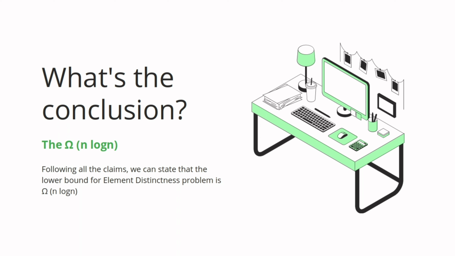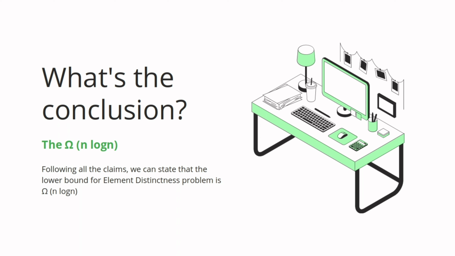Now, a very interesting point to note here is that this omega of n log n is the lower bound for the element distinctness problem. Here's the difference between a problem and an algorithm. A problem will always have a lower bound, and depending on the approaches of how we design the algorithm, it will have its upper bound.